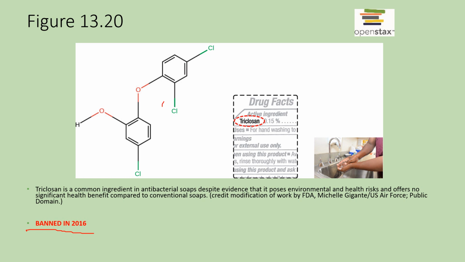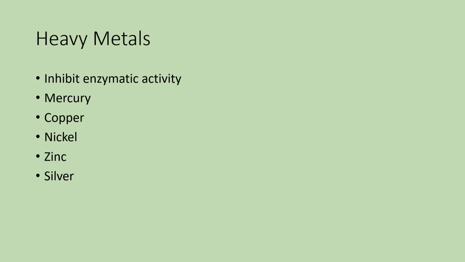And so whenever you add chlorine on things, that usually is a bit of a problem. A lot of your more toxic compounds do have chlorine associated with them. But this, just so you know, triclosan, because your book was published right before this was banned, just know that it has been banned in the United States. Heavy metals tend to inhibit the activity of enzymes, things like mercury, copper, nickel, zinc, and silver.